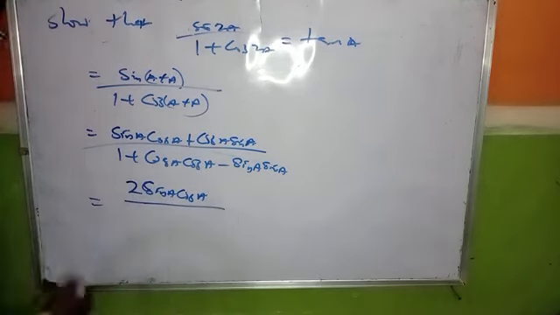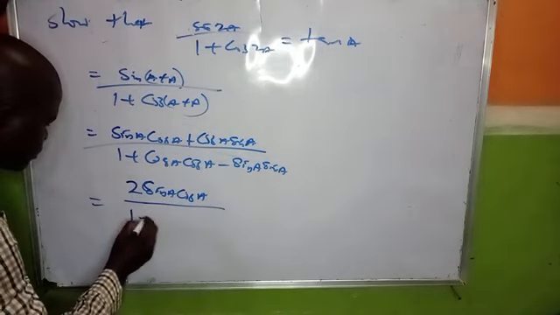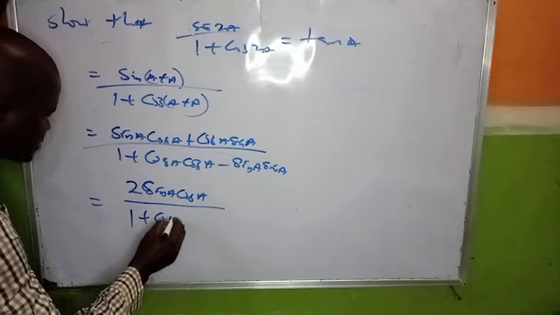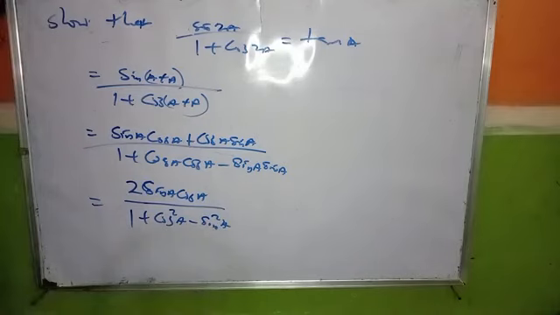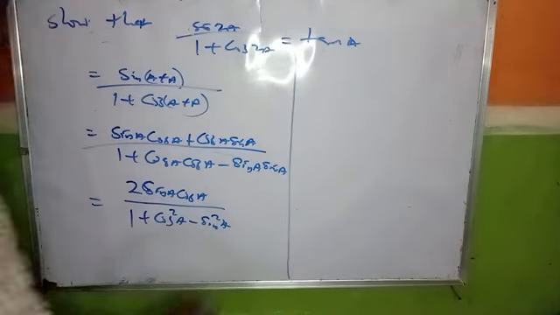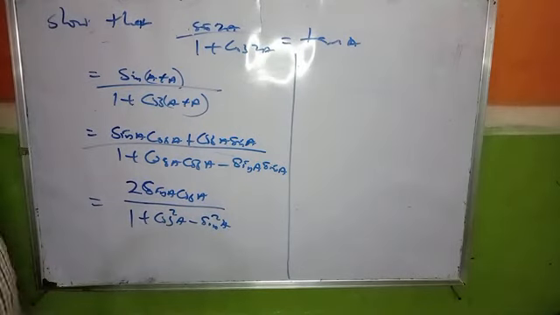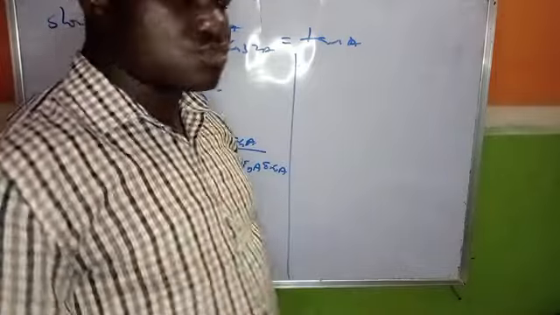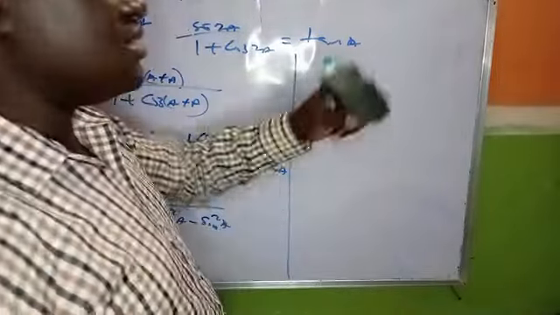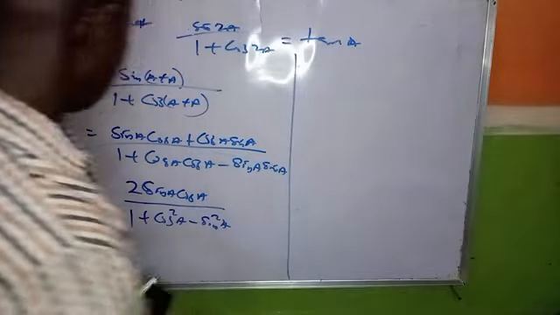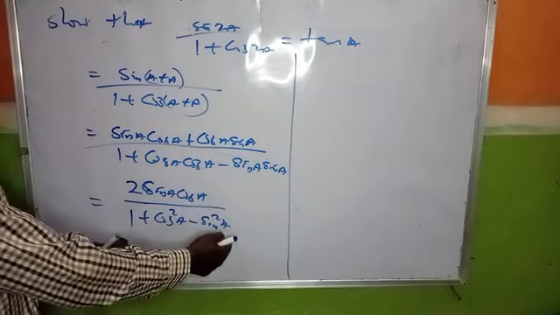So for this, you will have 1 plus cos squared A minus sine squared A. So as you follow, remember what they have to show is that this is tan. I told you that time tan is sine over cos. So you want to have sine over cos A.